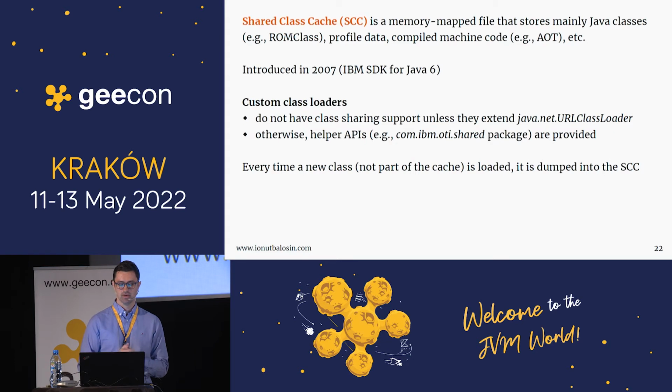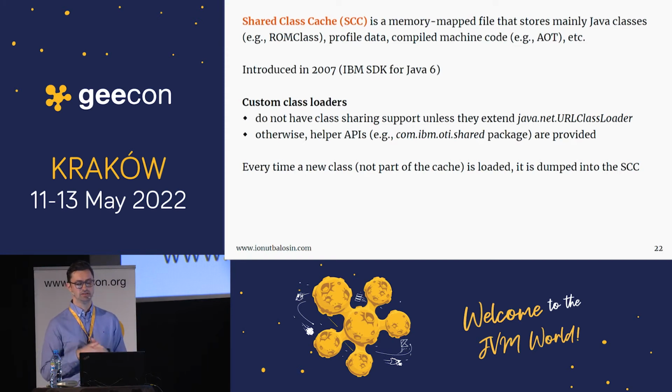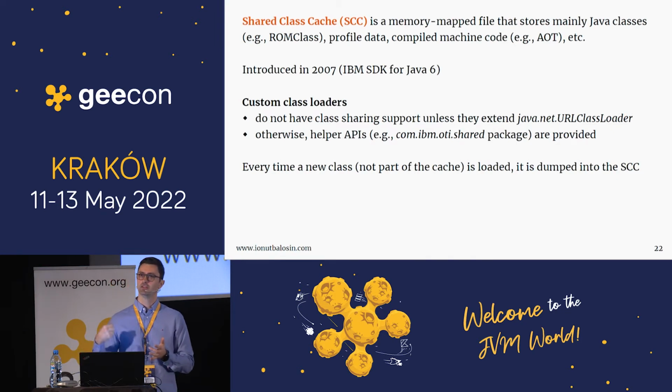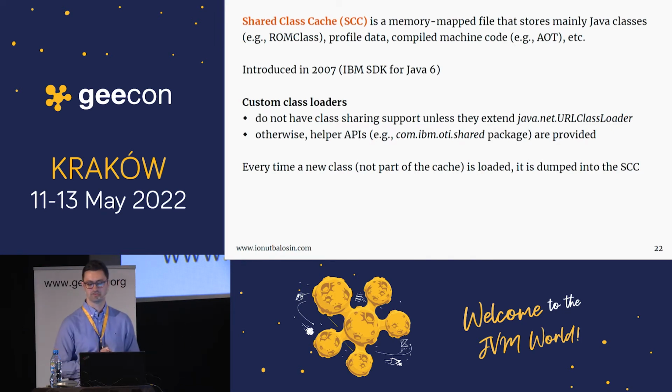There is a quick reminder of a short limitation: with this JVM implementation, if the custom class loader doesn't extend the URL class loader, as it does here, you have to use some helper APIs to tell the JVM, hey, I want these classes to be part of the archive too.